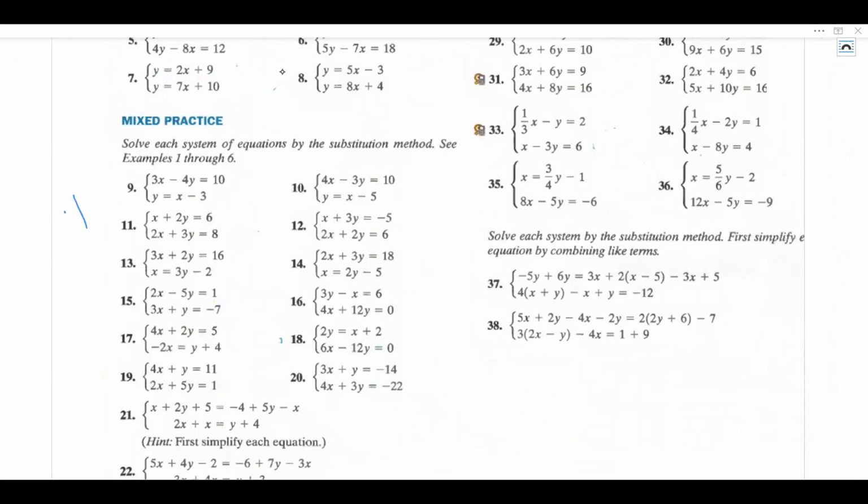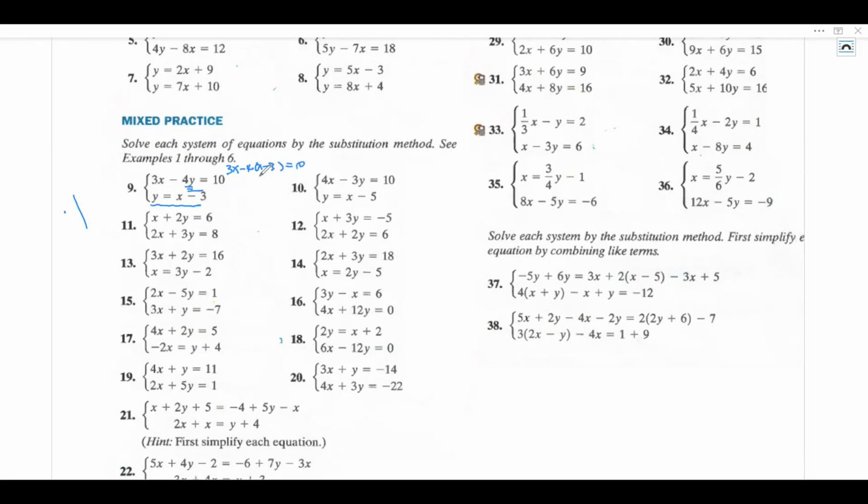All right, let's go to number 9. So y equal x plus 3 minus 3. So here, this is two linear lines, right? This y is substituted by x minus 3. So we got 3x minus 4x minus 3.